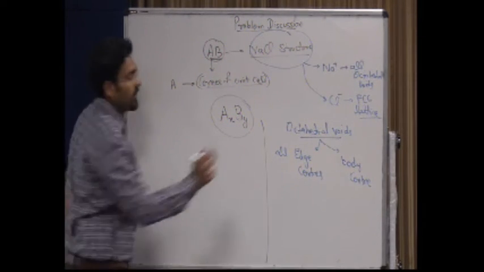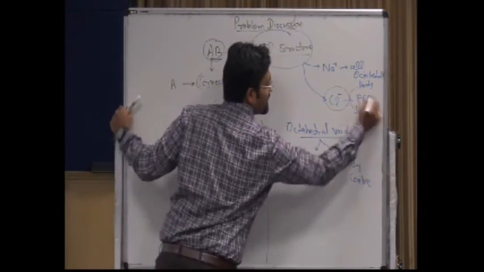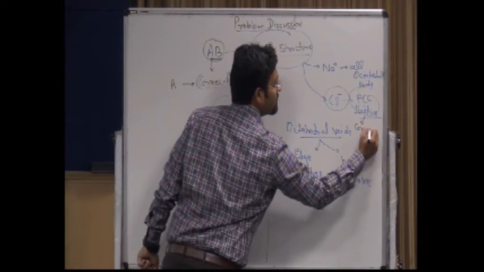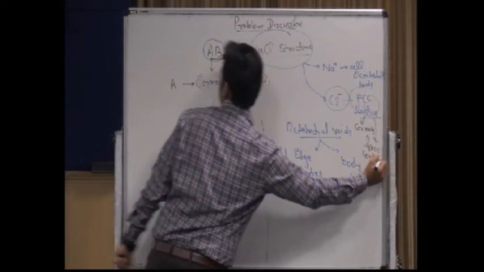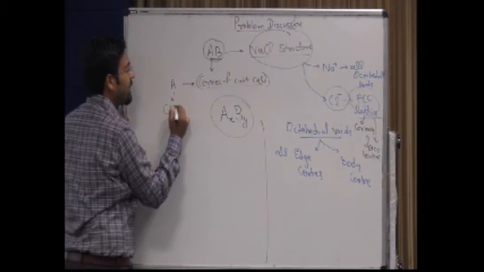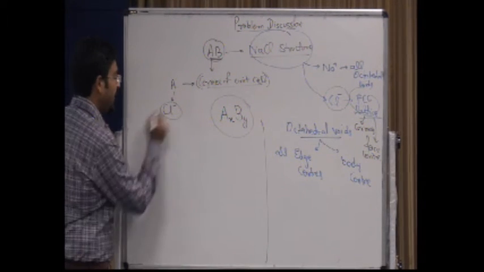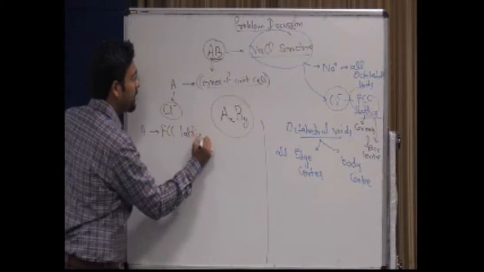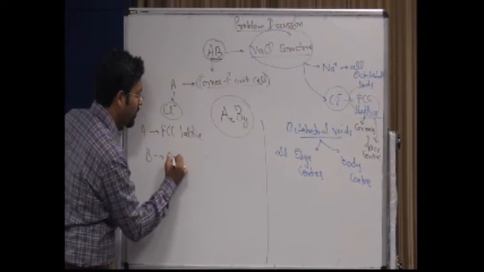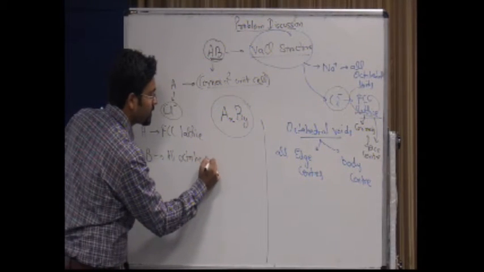Cl minus, because the FCC lattice particle goes to the corner and face centers. So A is actually taking up the positions taken by Cl minus in the NaCl lattice, which means that A will be forming the FCC lattice, and conversely B will be occupying all octahedral voids in FCC.